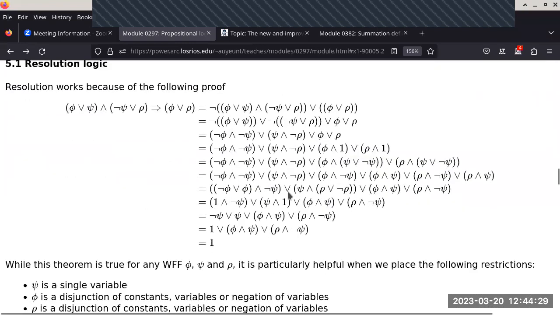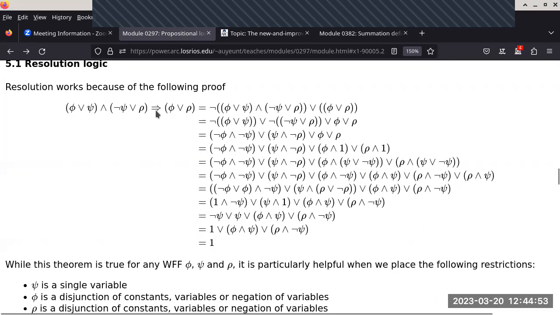Okay, so if this looks entirely new to you, you might need to do some review because we did talk about resolution before. This is a proof that resolution itself is a mechanism that works. In other words, what is true all the way down here is this implication.